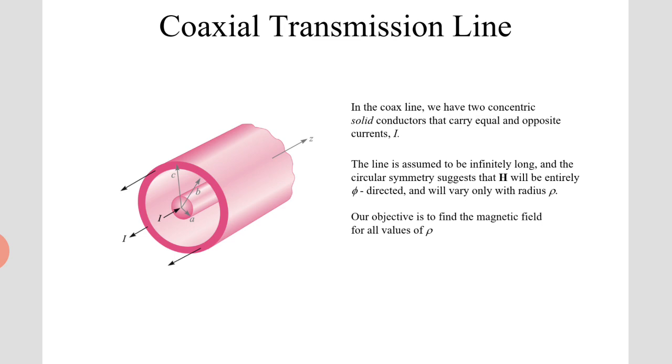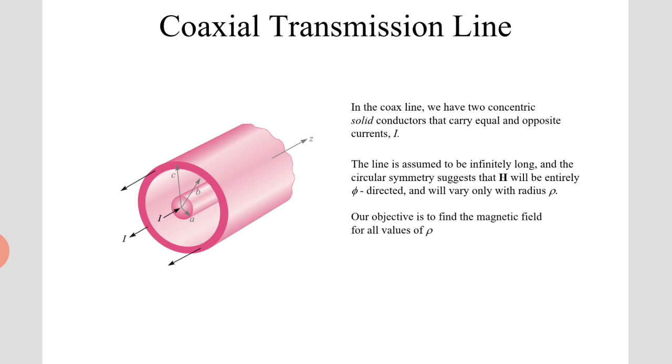The line along the z axis is assumed to be infinitely long, and circular symmetry suggests that H will be entirely phi directed, meaning H is along the phi direction and it will vary only with the radius rho, right?